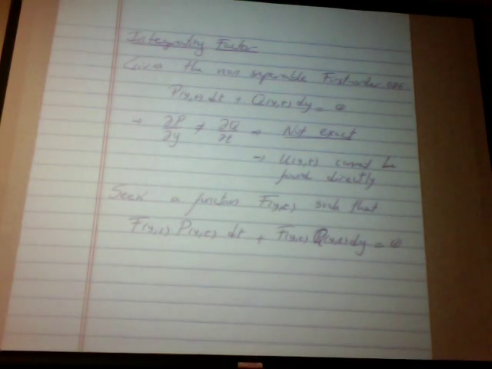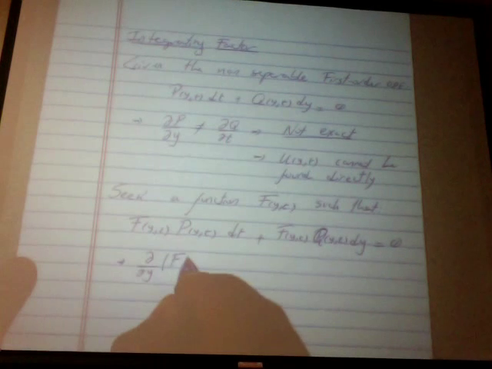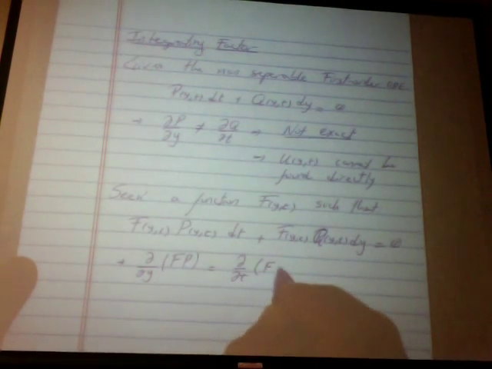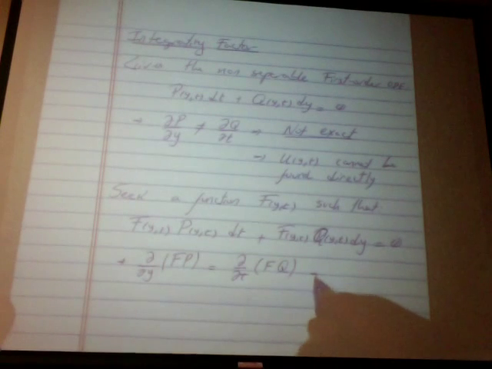So we're looking for a function. We don't know what it is, but we're looking for a function that when we multiply it through, it turns out that d dy of fp is equal to d dt of fq. And now this new equation is exact.